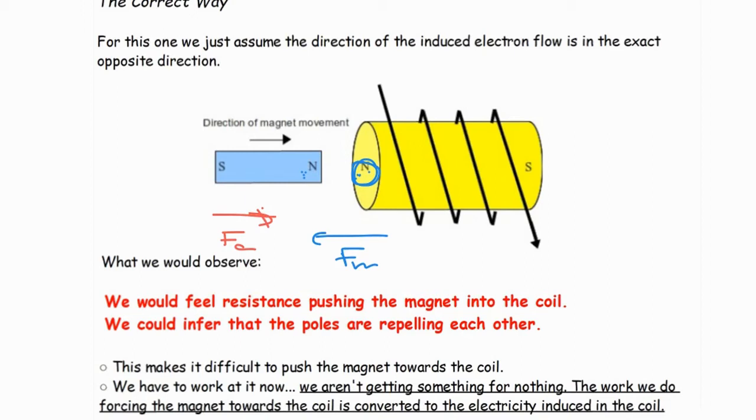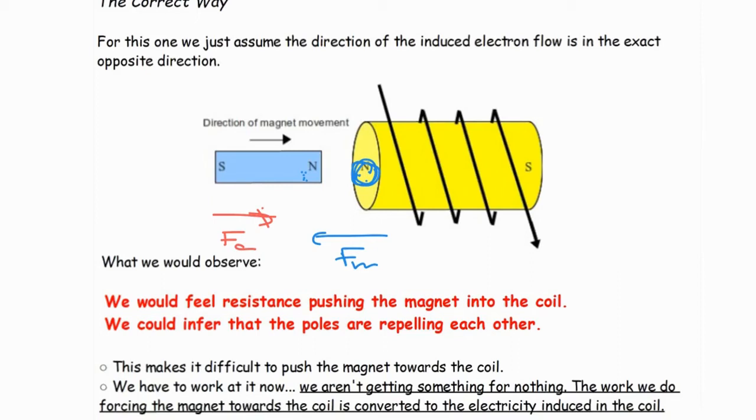So as I push that north pole of the magnet in, this needs to be north. That will oppose it, and in that way, I'm doing work. I am working against a resistive force, which means I'm generating energy because I'm doing work and changing the energy. So we need to do work. So this is the right way. If we push it in, that's what it looks like.